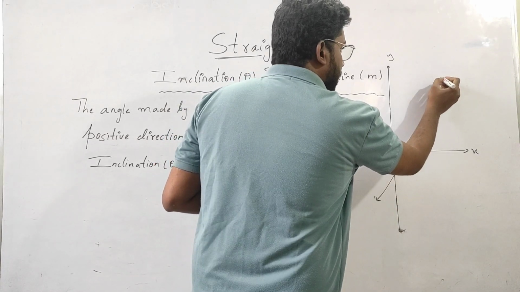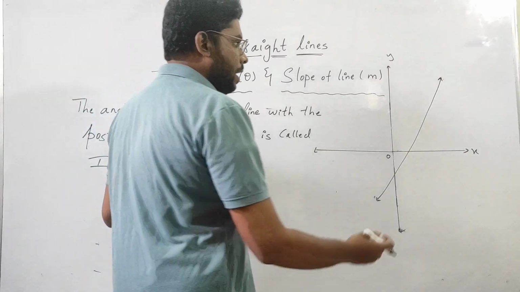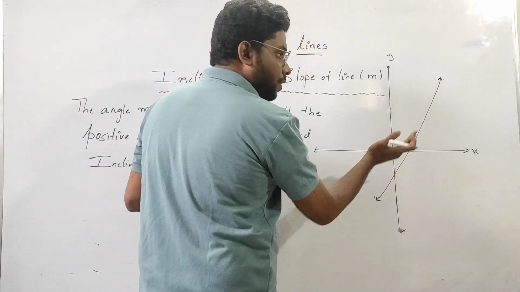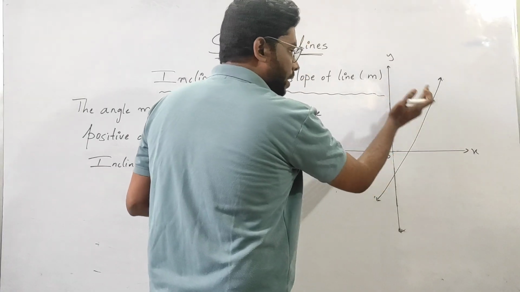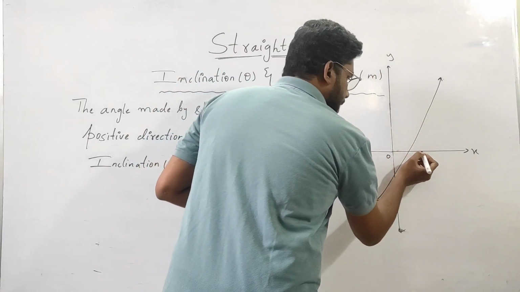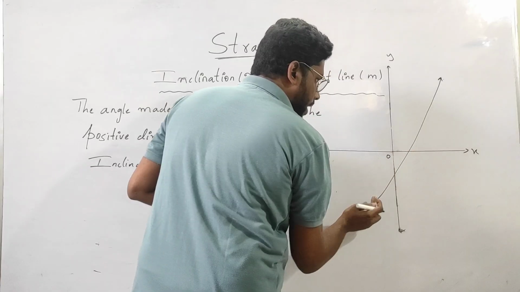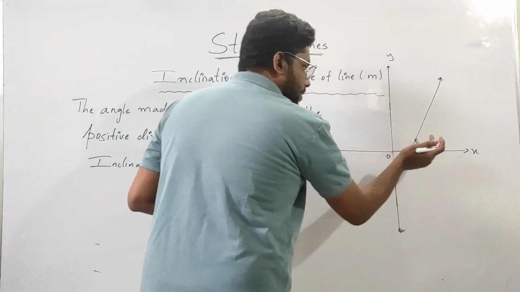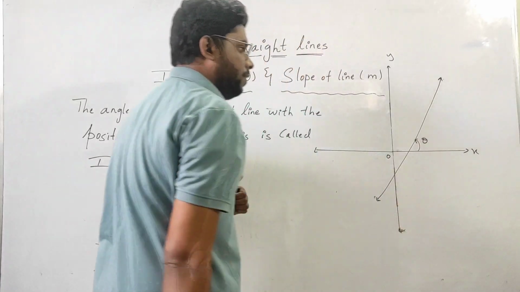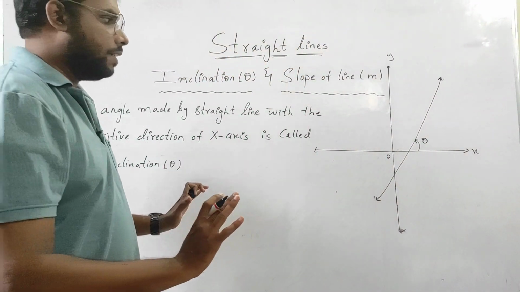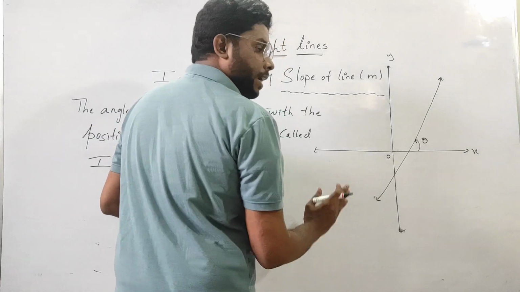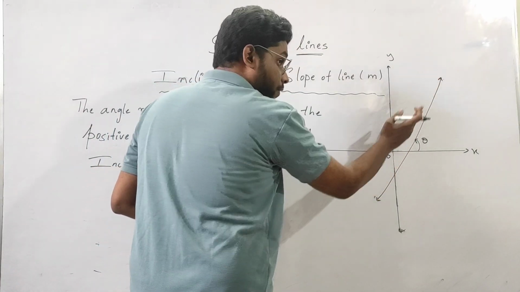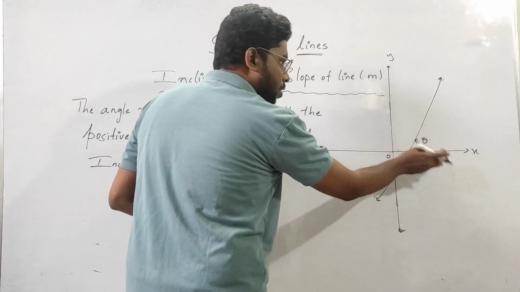So what is the inclination of the line? See, the angle made by the straight line with the positive direction of the x-axis is called the inclination of the line. I hope you understand this. It is nothing but the angle made by the straight line with the positive direction of the x-axis.